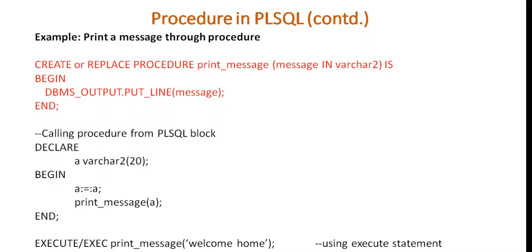So here I have simply written execute print_message, and in brackets the message 'welcome home'. Then it will execute the print_message procedure with the given message. Okay, so this is how we can execute a procedure.